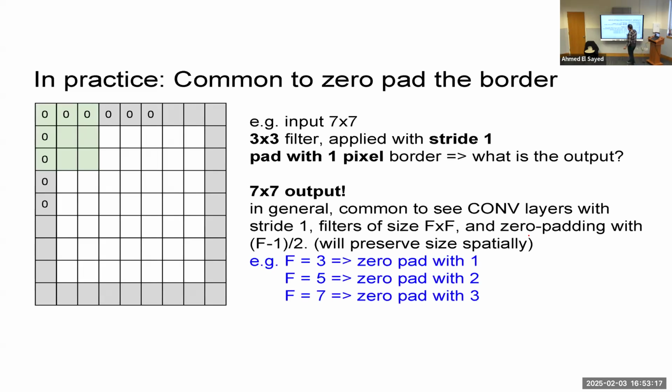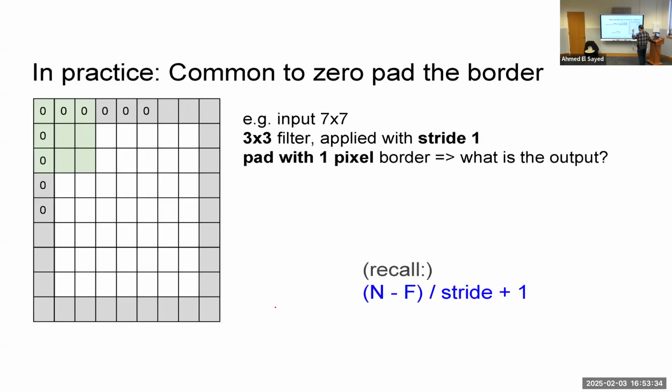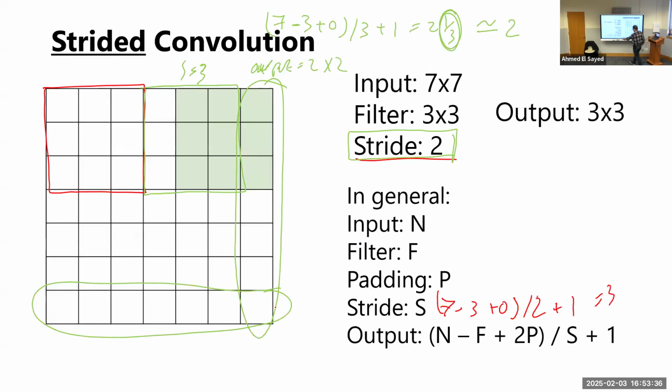We always try to add the padding size to be proportional to our filter, to guarantee that we will not lose any shift or any data we have in our image. Okay? So this equation should be written in your brain. Don't lose it.